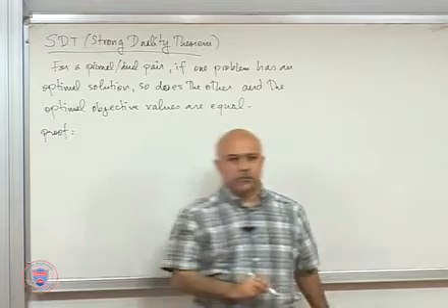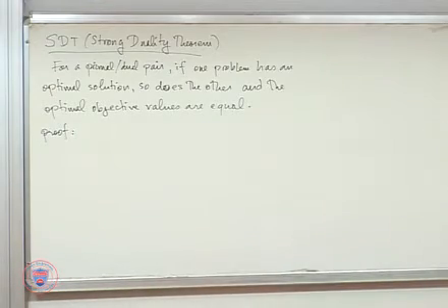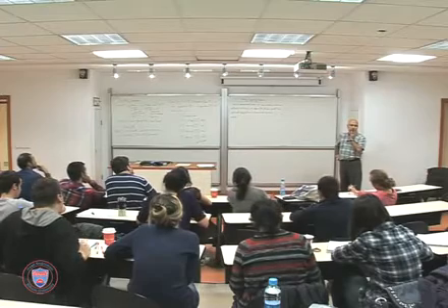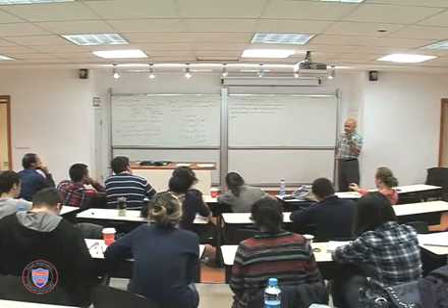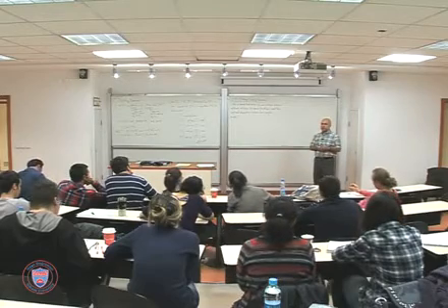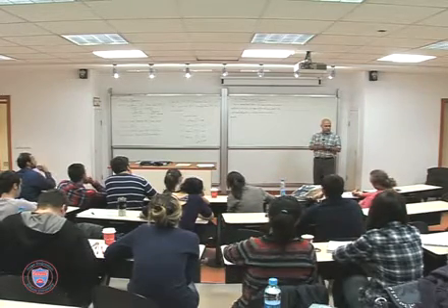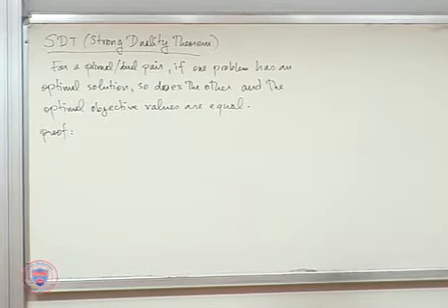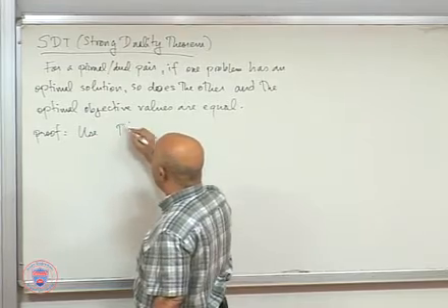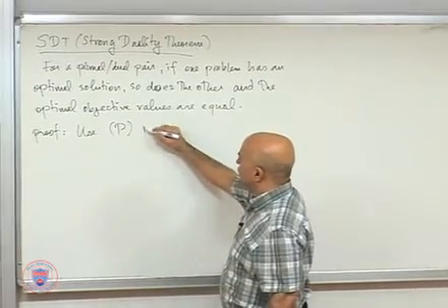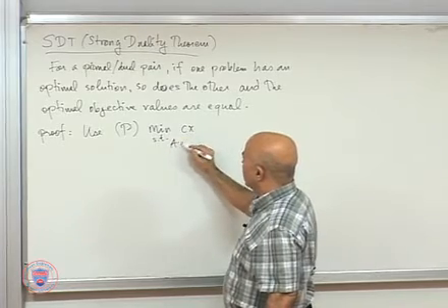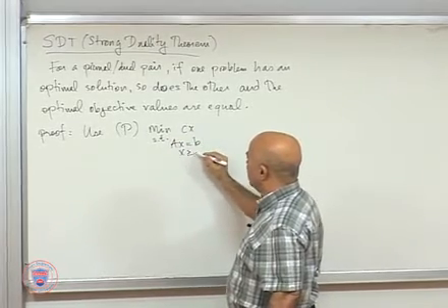So let's work out a proof for this. I'm going to make use of the standard form primal and its dual to prove this, because that's the easiest way to prove. Of course, the statement actually applies to any primal dual pair, even though we work out the proof for a somewhat special case. Okay? So let's assume primal is, say, the minimization problem with Ax equals b, x greater than or equal to 0.